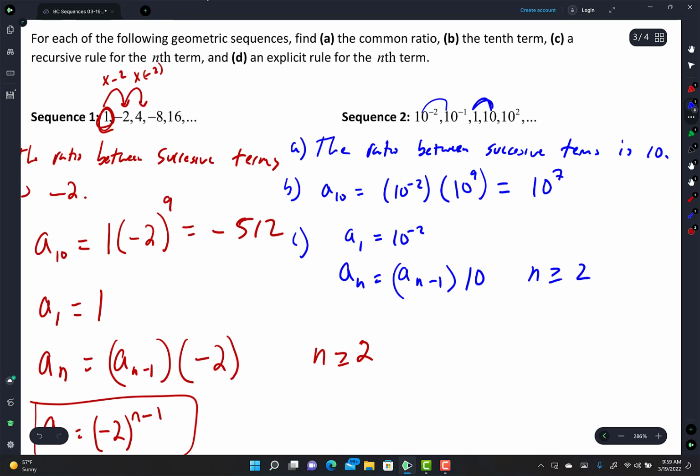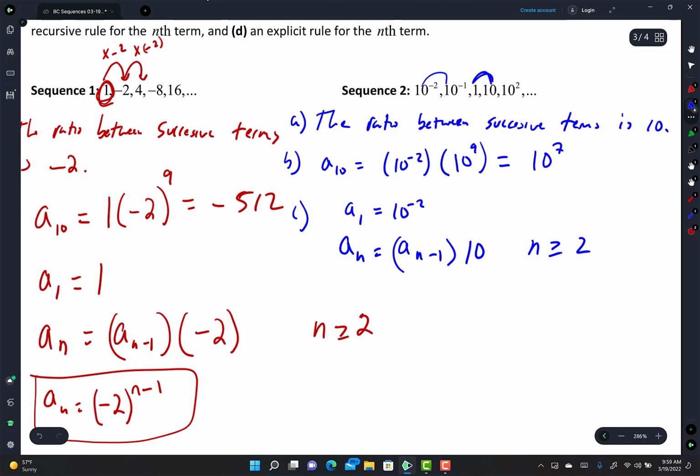Sometimes they write it differently, so when you see it on the AP exam, don't freak out. That 10 is usually written here in the front, but it's the same thing. You'd get it right anyways. Cool or not cool, guys?